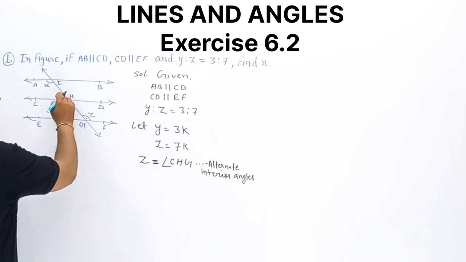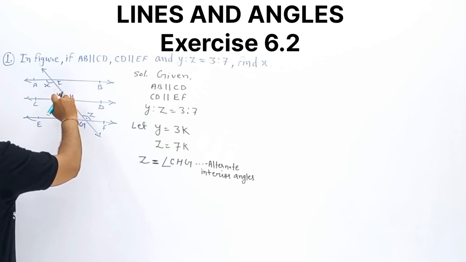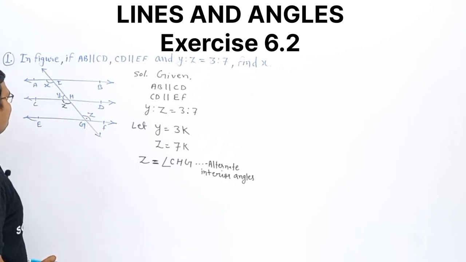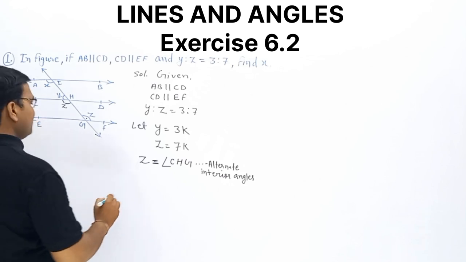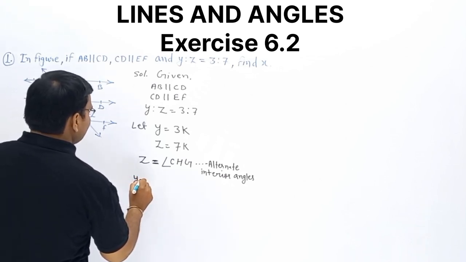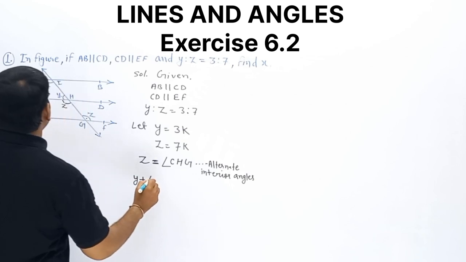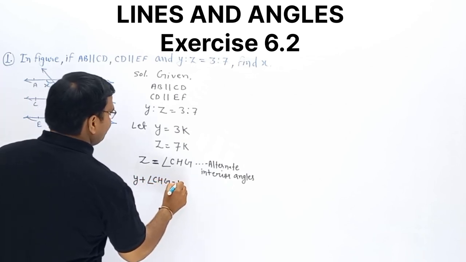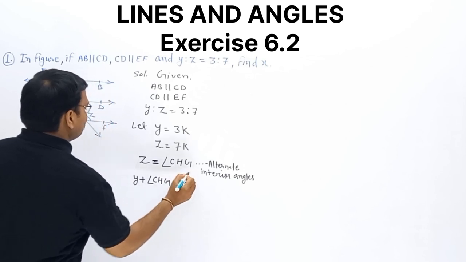Now once we apply the linear pair axiom, what can we say? Angle y plus angle CHG will be 180. Observe.